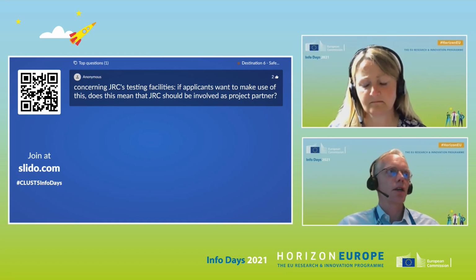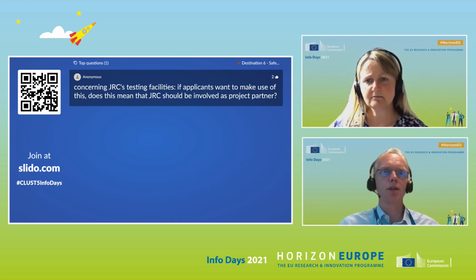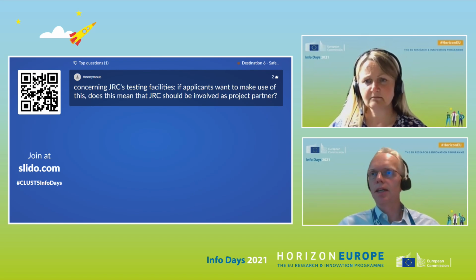Without any doubt, I think they are very much willing to support you in setting up the testing facilities. That is then up to clarify with JRC, but I'm sure they would be quite open to that. In any case, to my understanding, the JRC can participate, but they will not ask for EC funding.